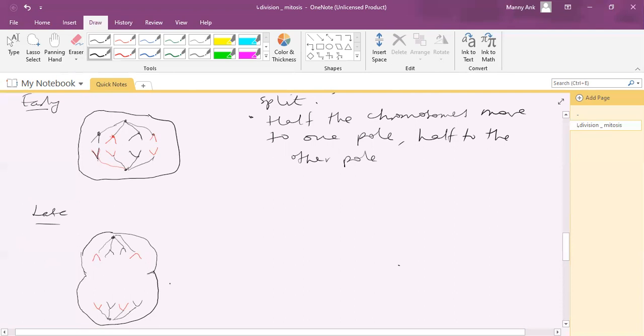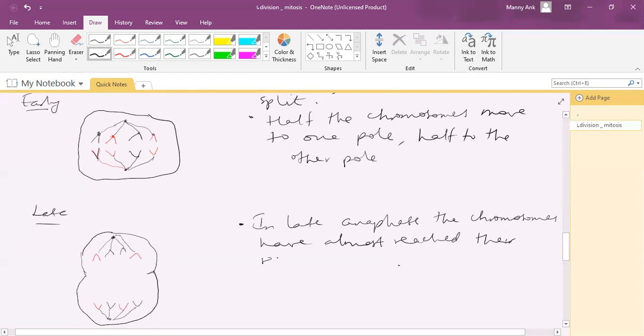Membrane pinches here. Okay. So let's put down and say that in late anaphase, the chromosomes have almost reached their respective poles.